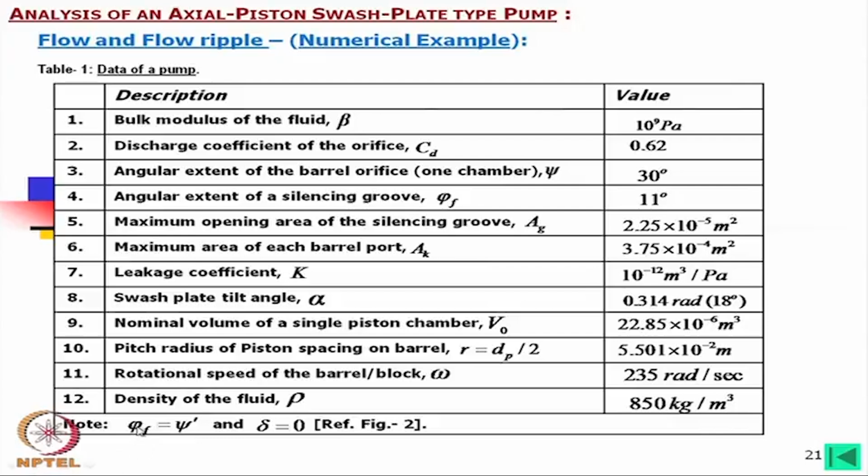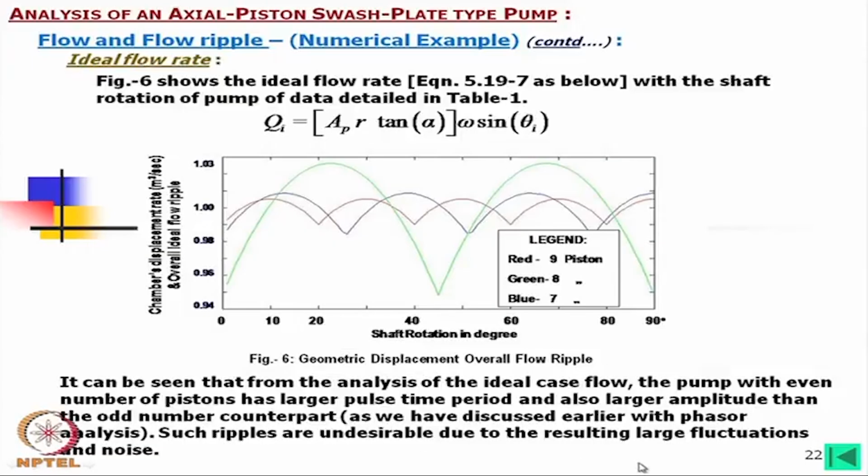Here I have given these two angles and delta is equal to 0, and then for that we have plotted these equations. Look at this, for 9 pistons the ripple is coming like this. Please note that we have considered the overall volume displacement is same.